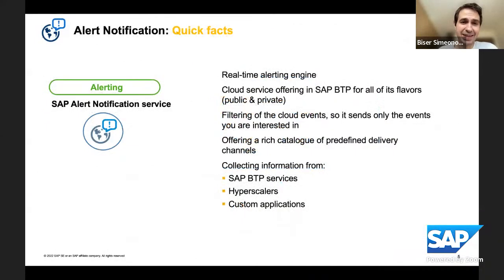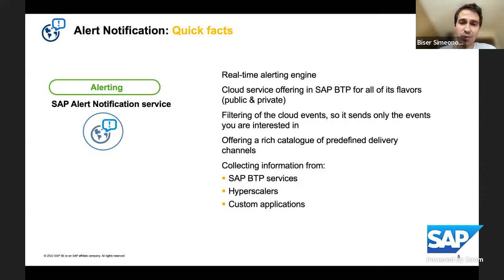So let's go through some quick facts about the Alert Notification Service. Based on the name, you might already be guessing that it is a real-time alerting engine, and it is a cloud service. It can be enabled, as I mentioned, in SAP BTP, but it is also covered in different flavors, such as public and private network.